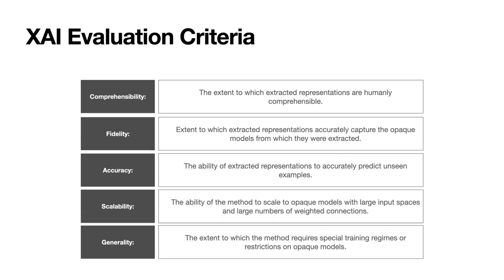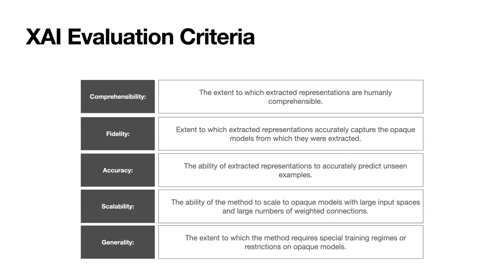And you also think about generality, right? Can you apply it to any of the complex models? So do you need the complex model to be trained in a certain way or taking a specific shape before you can apply some of these techniques, right? So these are different ways you can compare XAI techniques.